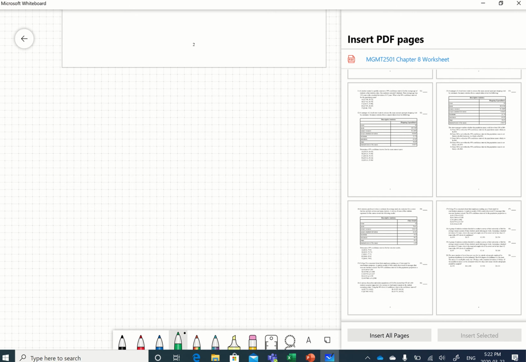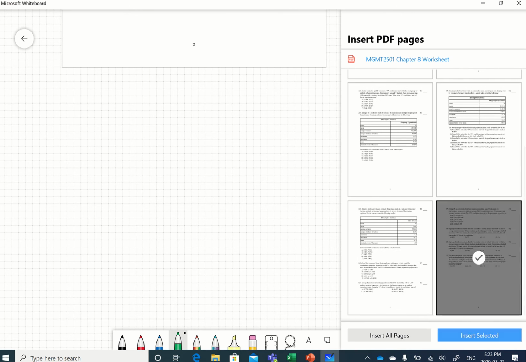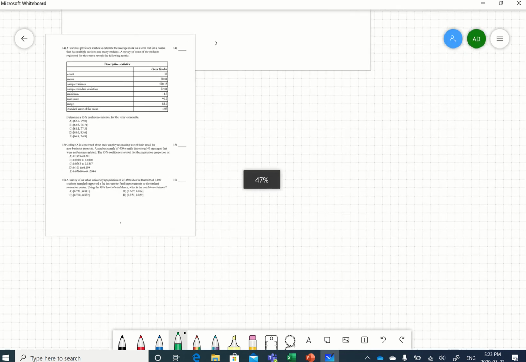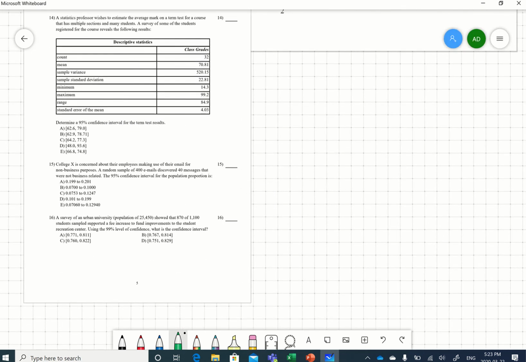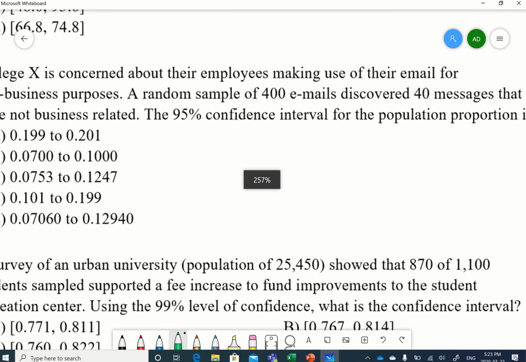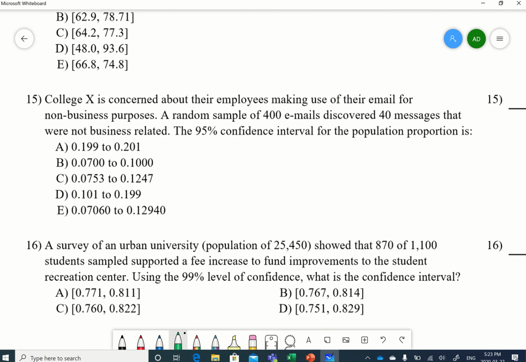Yeah, so this one has number 15. In question number 15, it says college X is concerned about their employees making use of their email for non-business purposes.